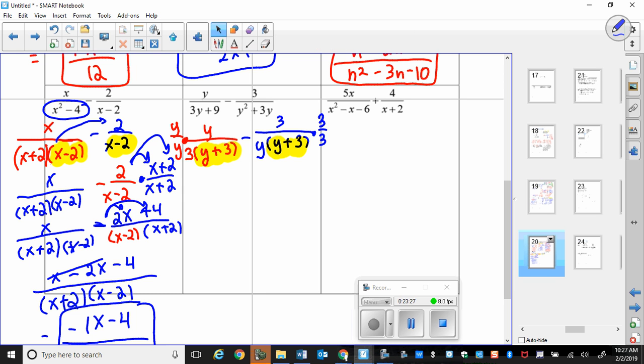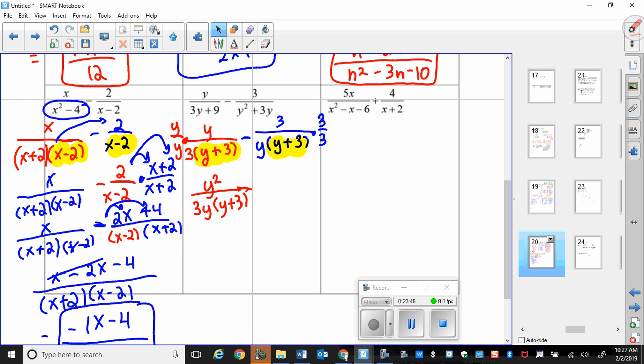So what does that mean? What does that look like? Well, on the right, y times y is y squared. Okay? And that means I have 3y times y plus 3.